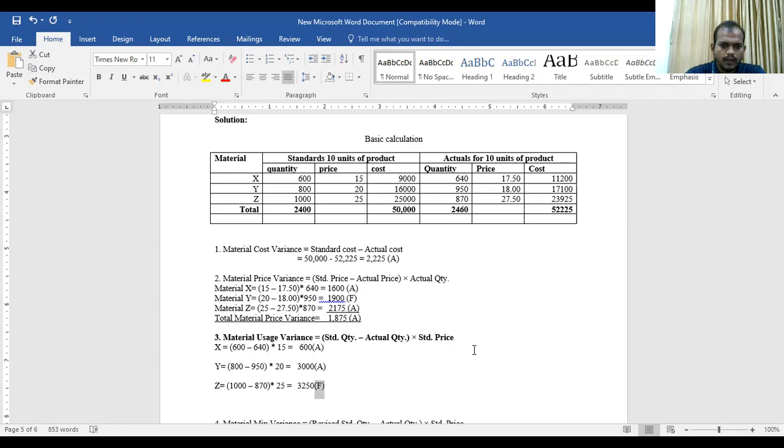So total material usage variance is equal to 350 adverse.